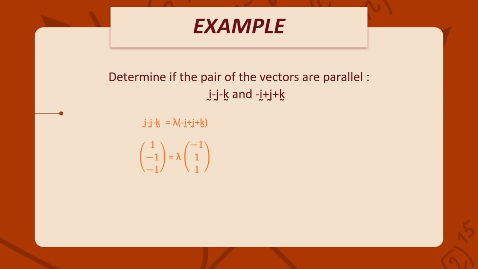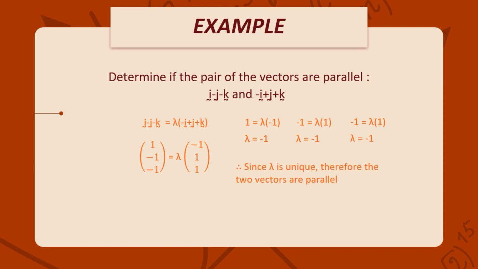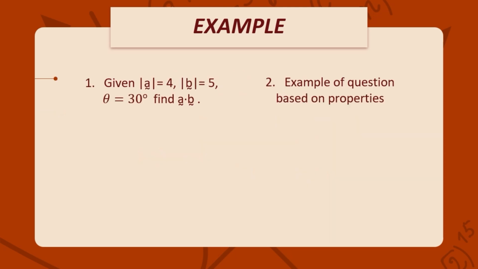From the right hand side, for vector i, 1 is equal to lambda times negative 1, and we get lambda equal to negative 1. For vector j, negative 1 is equal to lambda times 1, and lambda is negative 1, the same as for vector k. Therefore, since lambda is unique because all the values of lambda are the same, the two vectors are parallel.